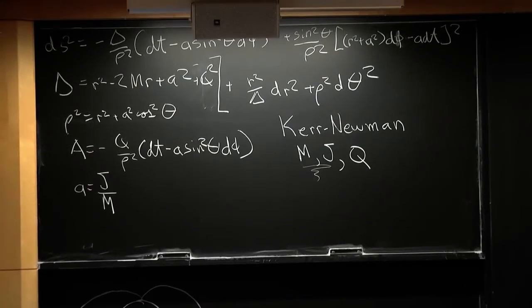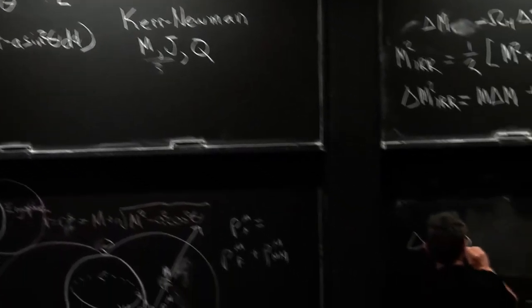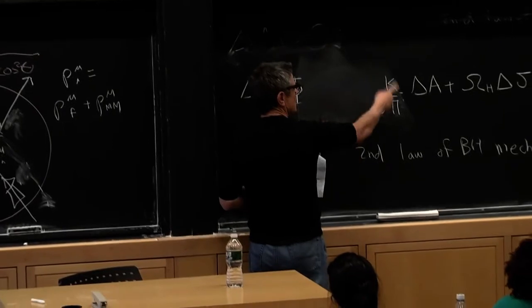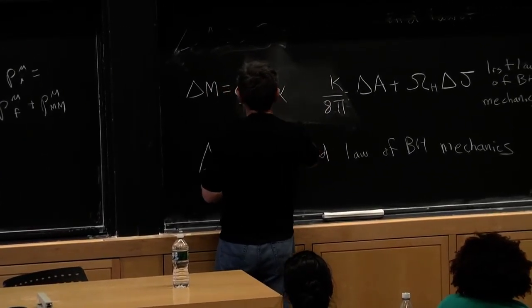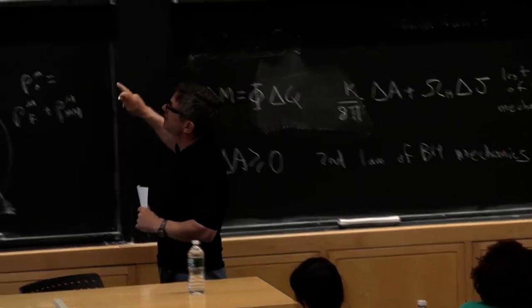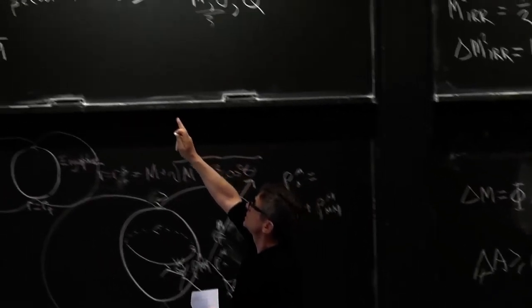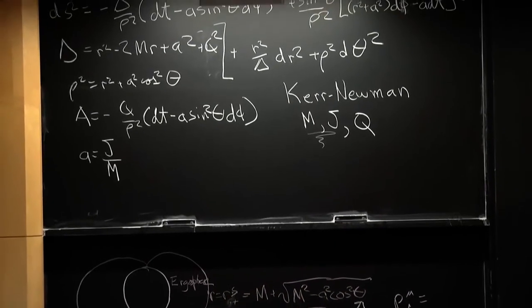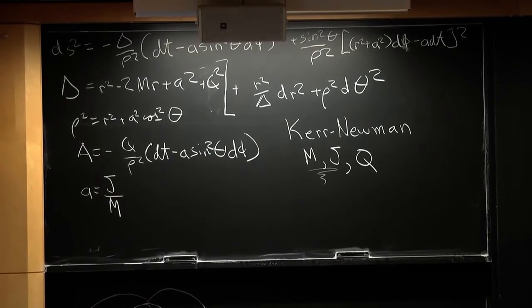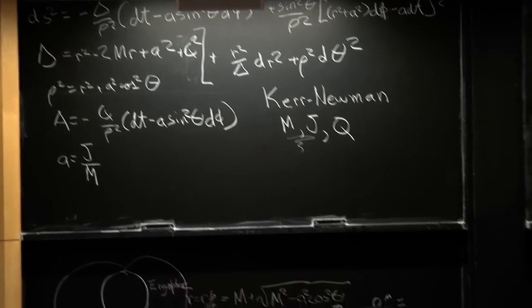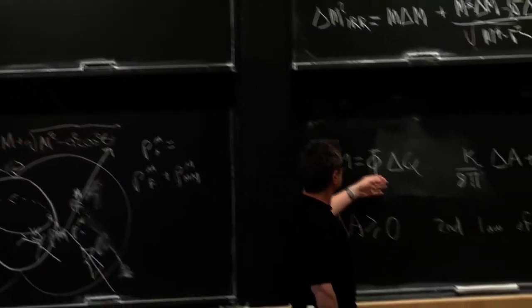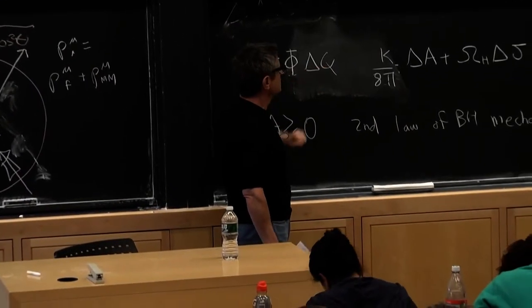And in delta m, you get another term, as you must, involving delta q, just phi delta q, where phi is A0, the electrostatic potential at the horizon in Maxwell theory.